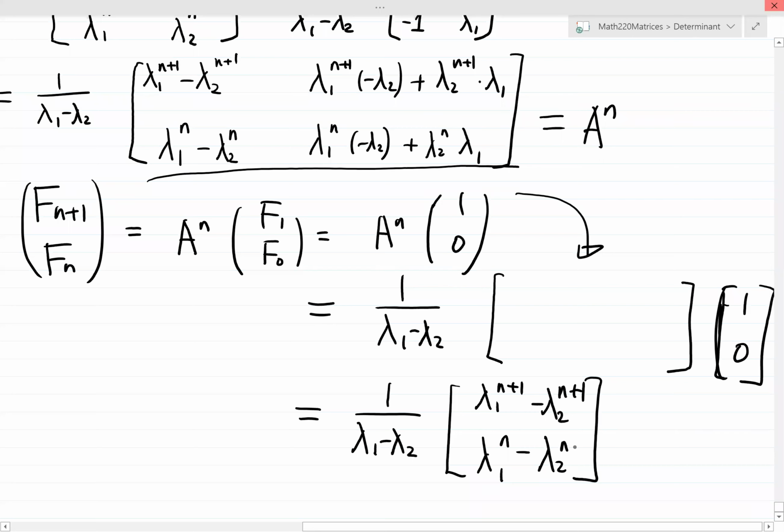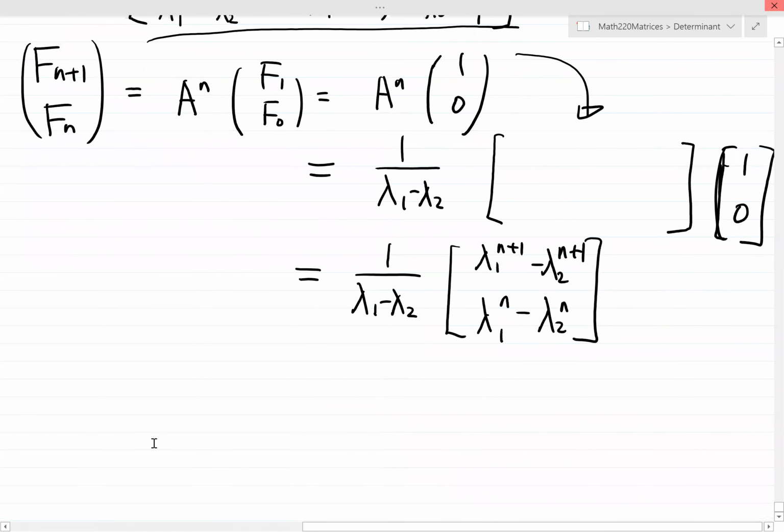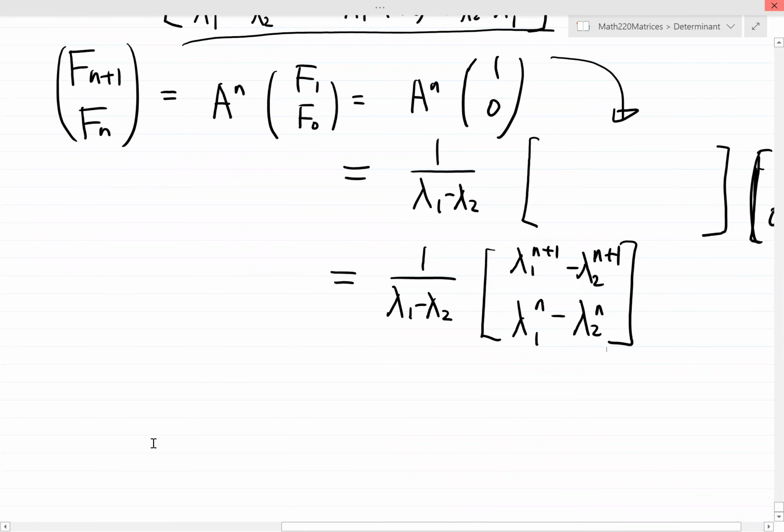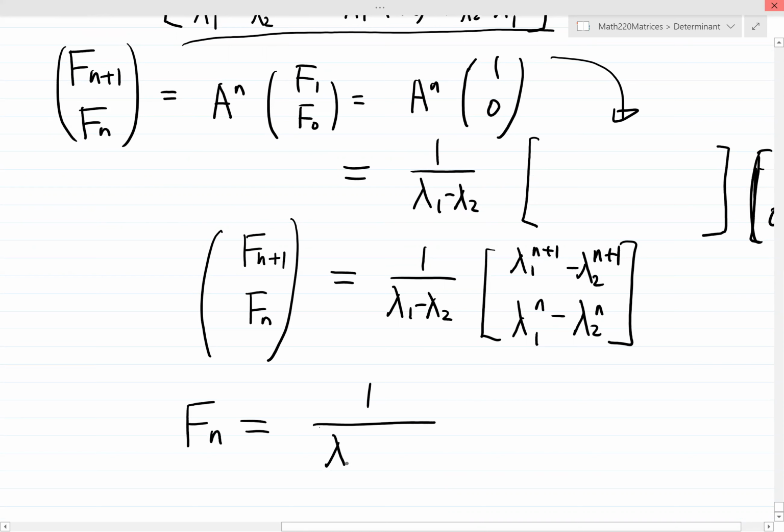Okay, finally, we can compare. So look at the second component of these two vectors. This will be Fibonacci numbers. Looking component-wise, the second component will be 1 over lambda 1 minus lambda 2 times lambda 1 to the power n minus lambda 2 to the power n.